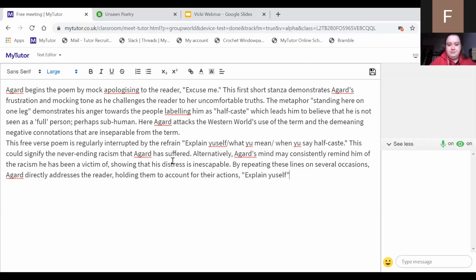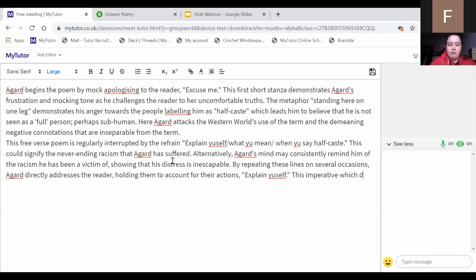Explain yourself. Right. So this imperative, an imperative is when you are told to do something. So if I say explain yourself, what do you think you're doing? Which is essentially what he's doing, saying, tell me what you think you are doing, because this is wrong. It's an instruction.